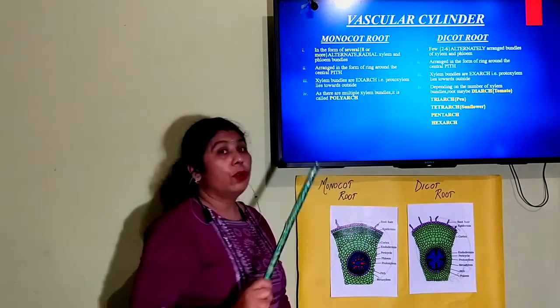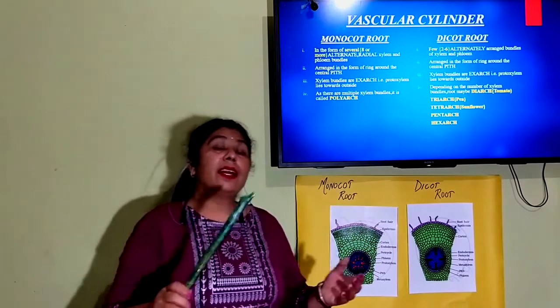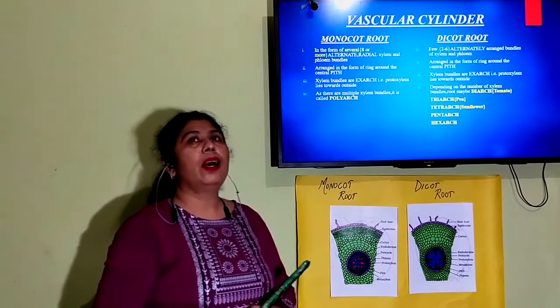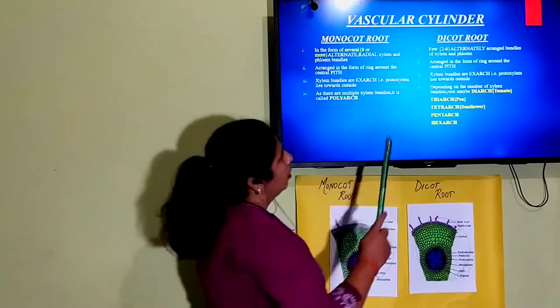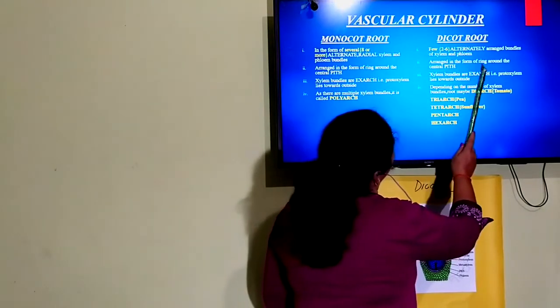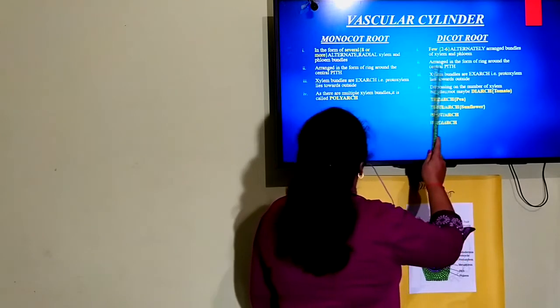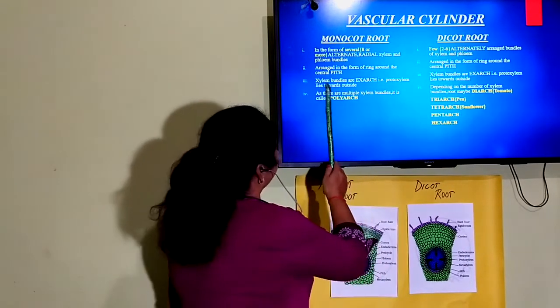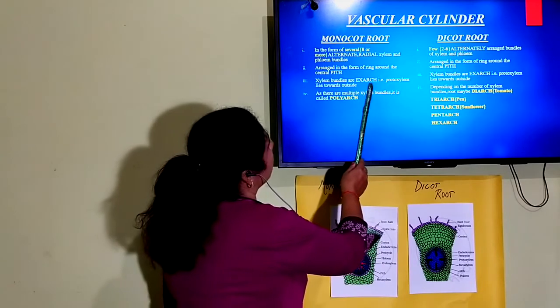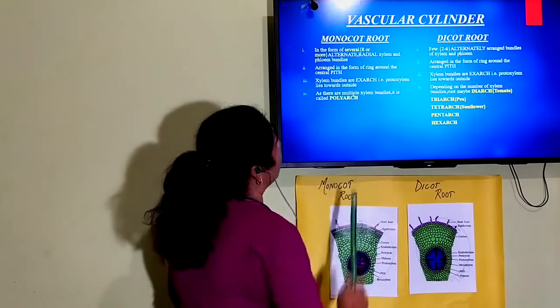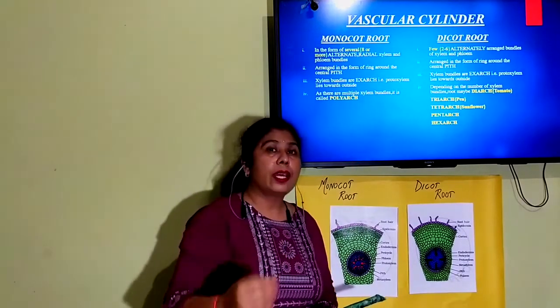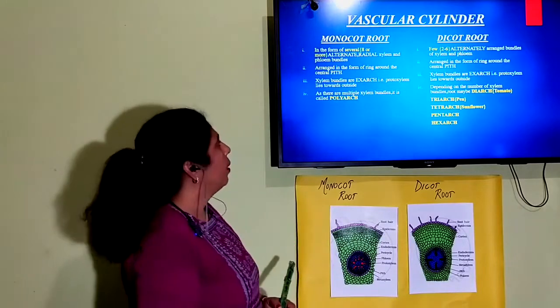In monocots, you will see a conspicuous ring of the bundles arranged in the ring around the central pith. Here the xylem bundles are exarch. That is, protoxylem lies outside towards the pericycle.